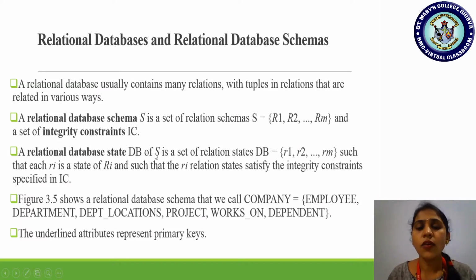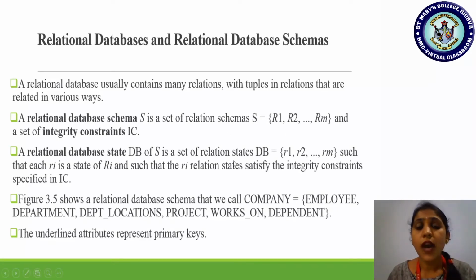We said that the tuples of one relation will have a relationship with tuples in another relation. So at any one moment, at any one state, for example, as I just told you, employee with ID 101 is working in the accounts department. This is the current state in the database. He is working in the accounts department. That is the current database state.